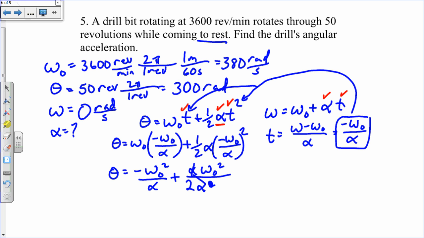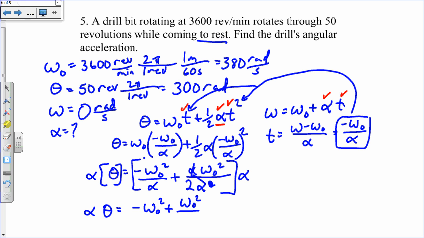I'm just going to multiply both sides by alpha, the angular acceleration. That gives me negative omega naught squared plus omega naught squared over 2, because when I multiply through by alpha, that gets rid of this and this. By the way, negative omega naught squared plus 1/2 omega naught squared is negative omega naught squared over 2.